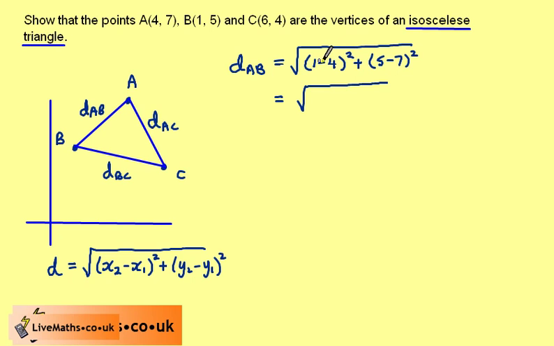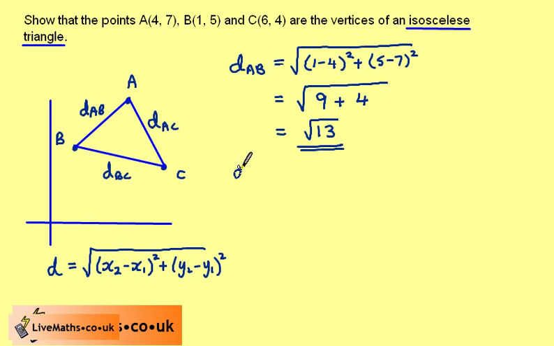One take away 4 is minus 3, squared is 9. 5 minus 7 is minus 2, and minus 2 squared is 4. So this is the square root of 13.